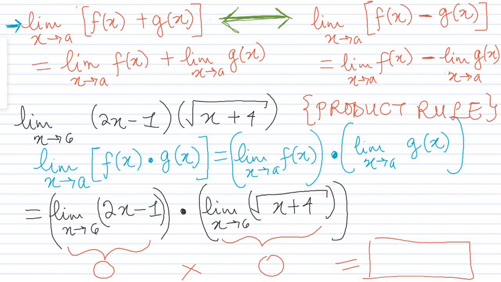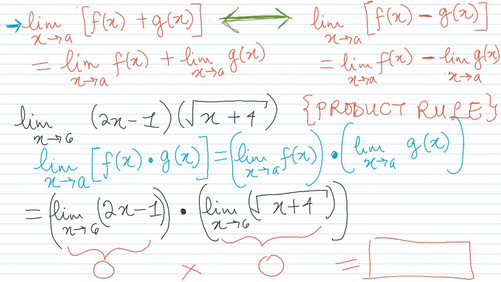We had a question that involved a function made of two sub-functions multiplied by each other. So we applied the product rule for limits, and what we did was first show what the general formula looks like, which involves taking the limit of each sub-function, separating them first, and then multiplying the actual values by each other.